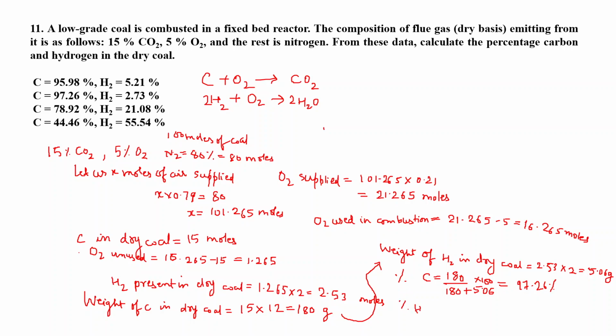And the percentage of hydrogen will be 5.06 upon 185.06 into 100, which will give 2.73 percent. So the answer to this is: carbon percentage is 97.26% and hydrogen percentage is 2.73%.